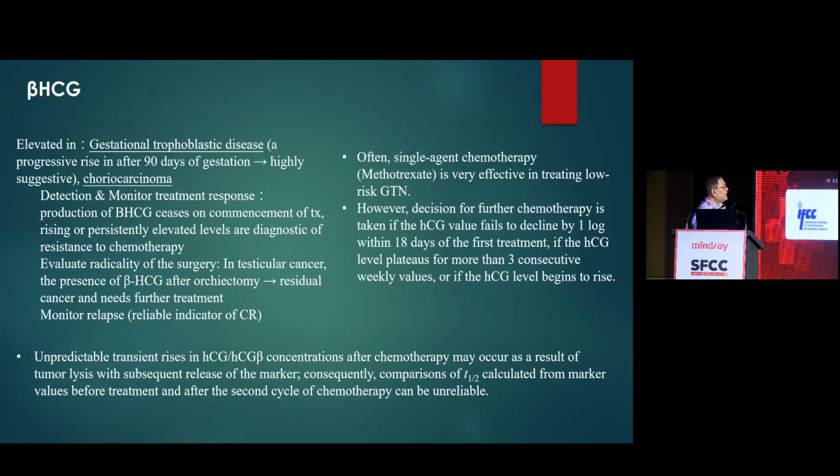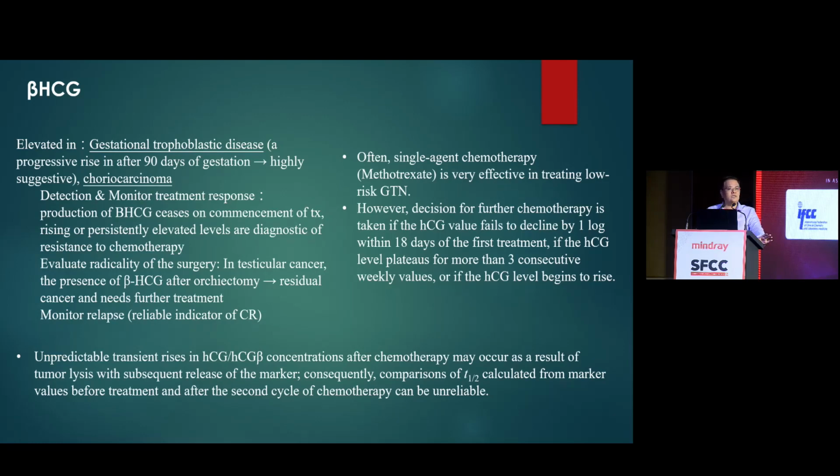Another problem that I have faced many a time is unpredictable transient rises in beta HCG when the patients are on follow-up. This is especially known in patients with molar pregnancy or choriocarcinomas. As we all know, choriocarcinomas histologically have extensive areas of necrosis and hemorrhage.